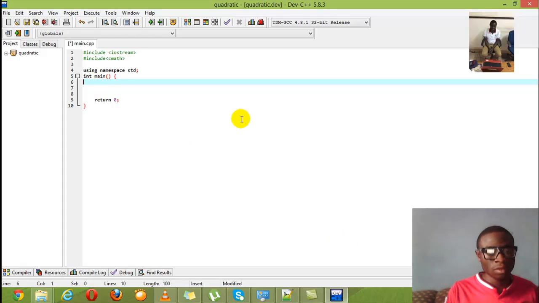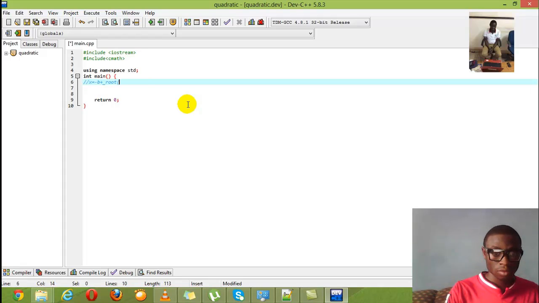The almighty formula is x is equal to minus b. Let's give it a comment. x is equal to minus b plus or minus root of b square minus 4ac all over 2a.